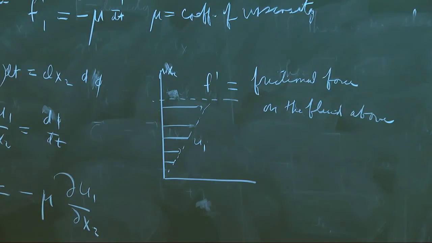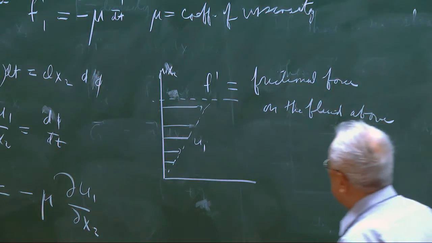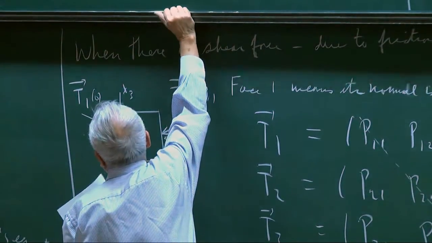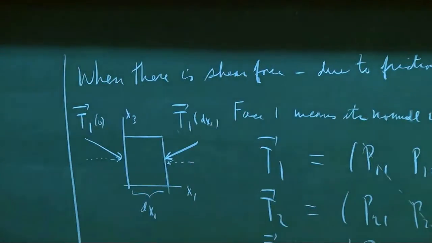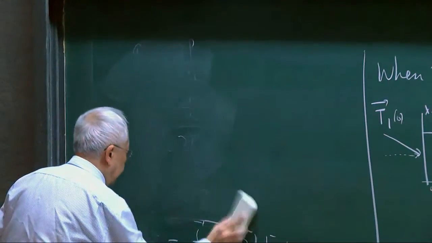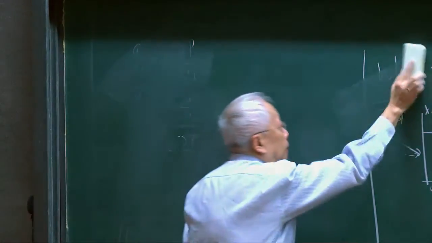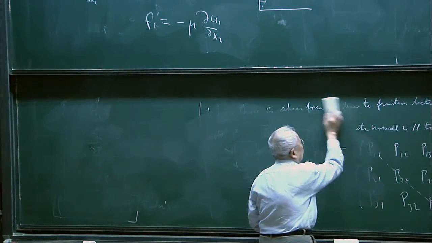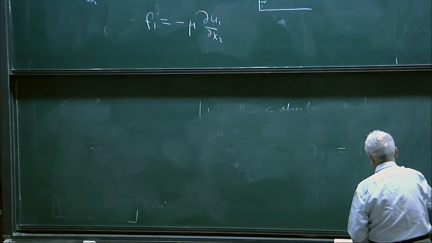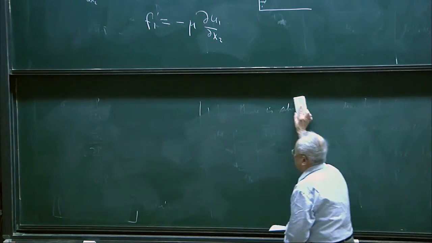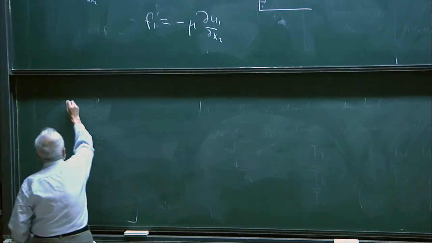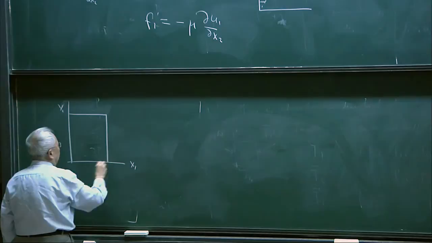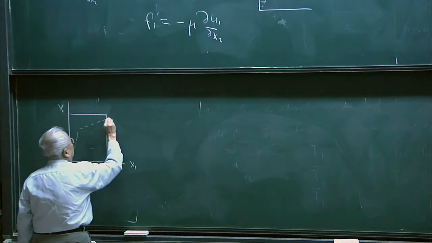Actually, in the pressure tensor, if you consider how this general element moves, it actually moves this way. The element was something like this. In dt, it actually moves like this, of course.